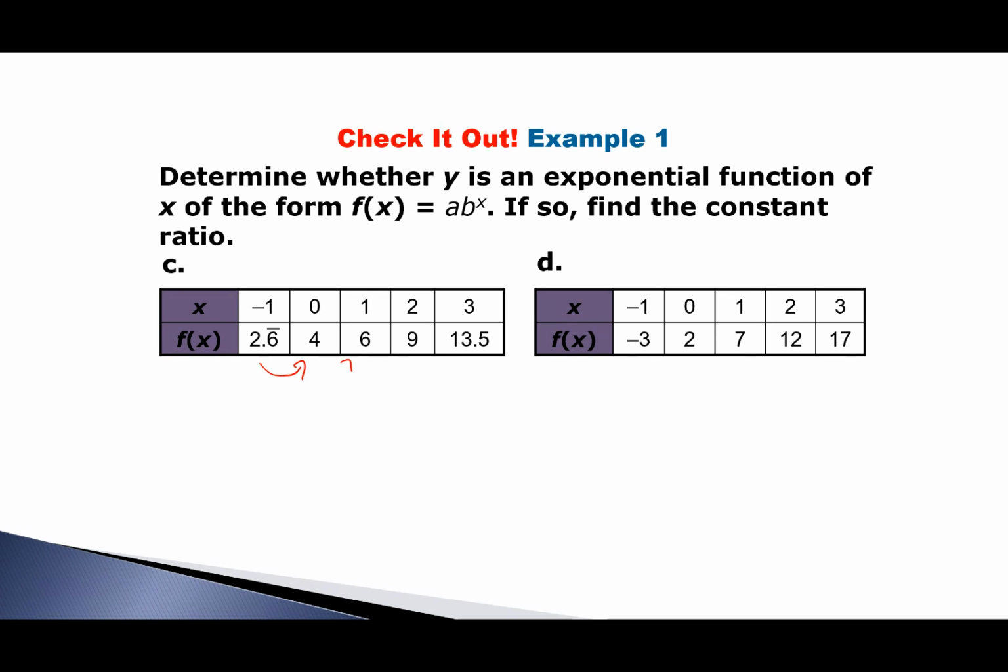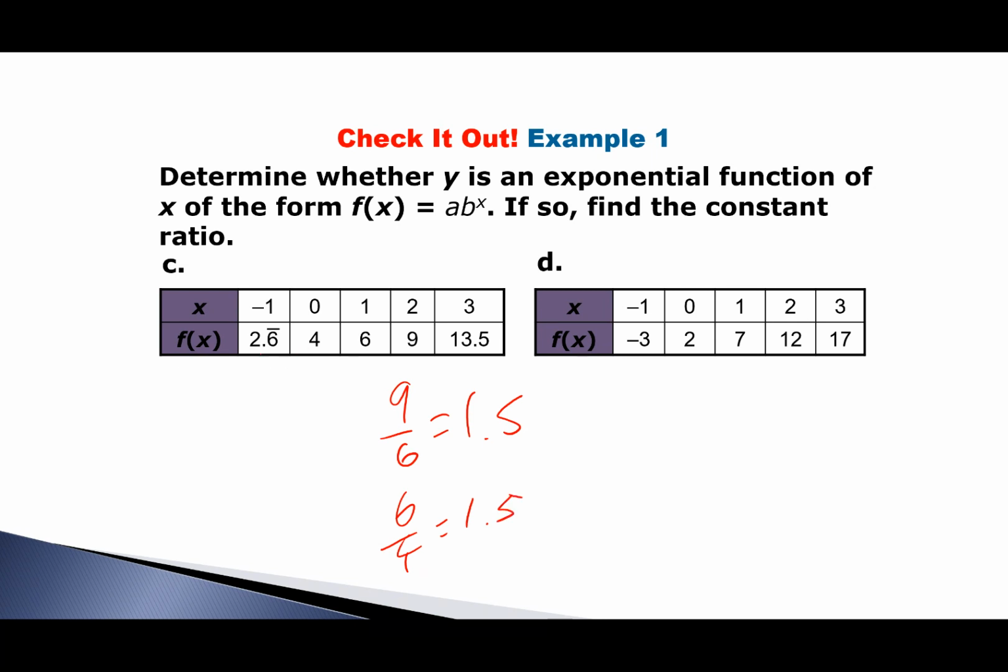If I want to figure that out, let me take one of these and go backwards. Let's take 9 divided by 6, for example. 9 divided by 6 is 1.5, I think, right? So that's good. Let's check that the other ones are still the same. 6 divided by 4 is also 1.5. What about 4?